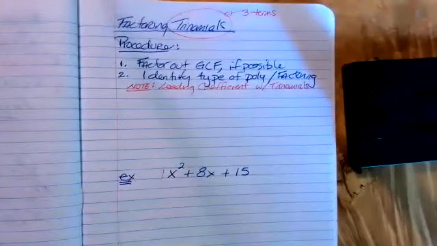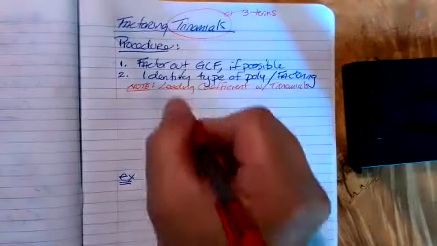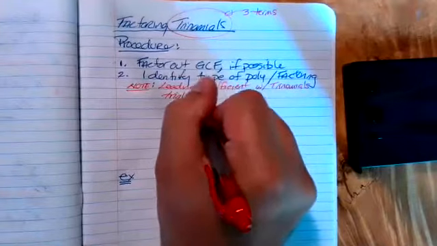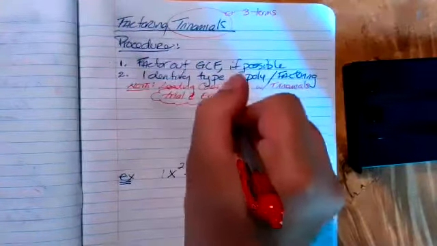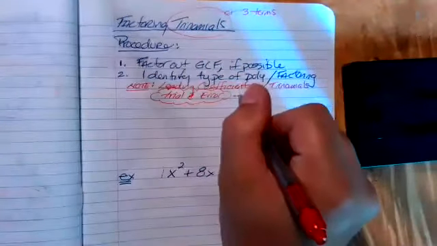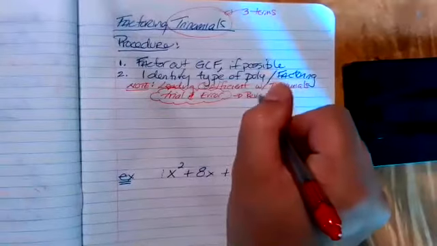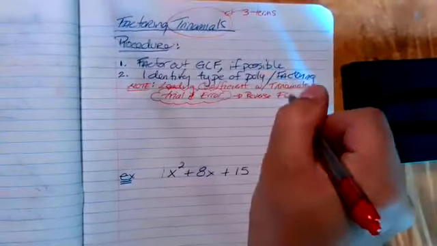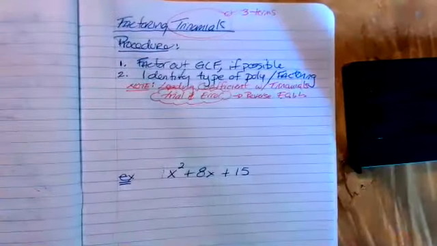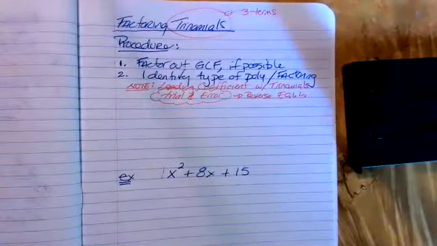The method we're going to use here, which I don't like the sound of, is sometimes called trial and error, which sounds like we're guessing. But in reality, it is a reverse FOIL method.